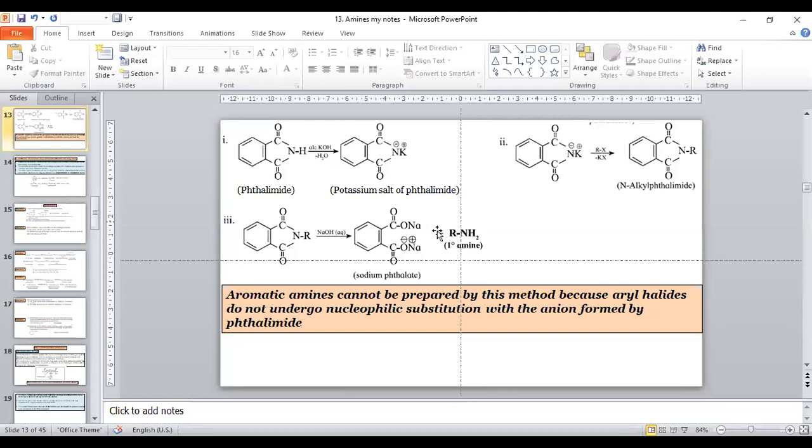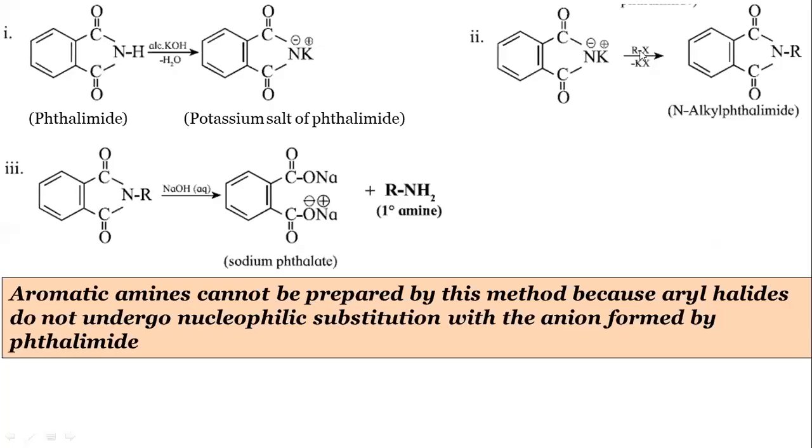This is the major product, remember; students often assume sodium phthalate is the major product, but it is not. The primary amine is the major product. The main disadvantage of this method is that aromatic amines cannot be prepared by Gabriel phthalimide synthesis, because if aryl halides are used instead of alkyl halide in this step, aryl halides do not undergo nucleophilic substitution reactions, but alkyl halides can easily undergo nucleophilic substitution reactions.